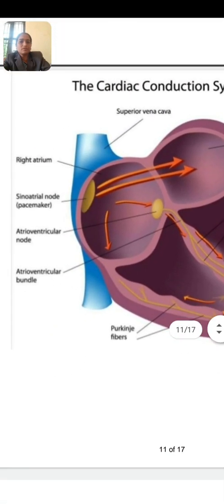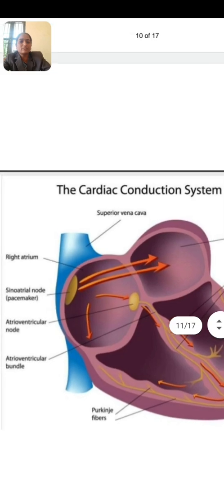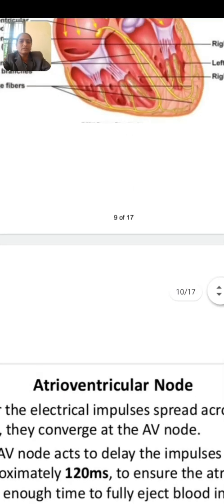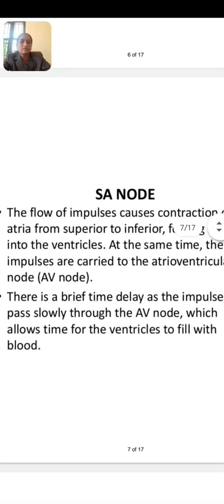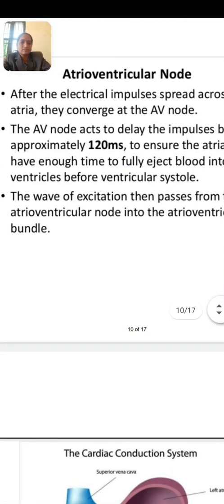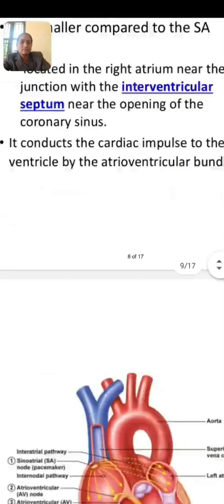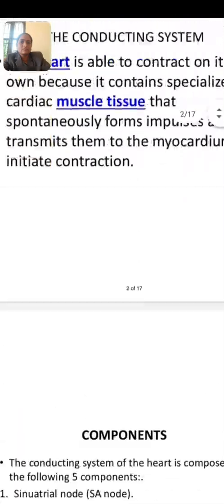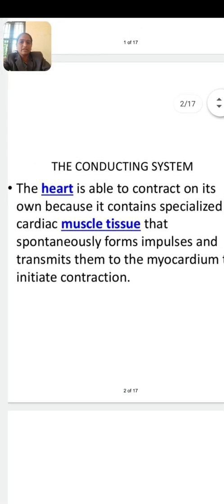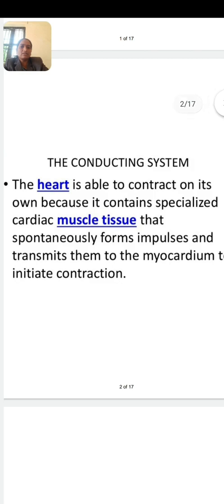The first component is the SA node. We will discuss one component at a time. The heart is able to contract on its own because it is myogenic.